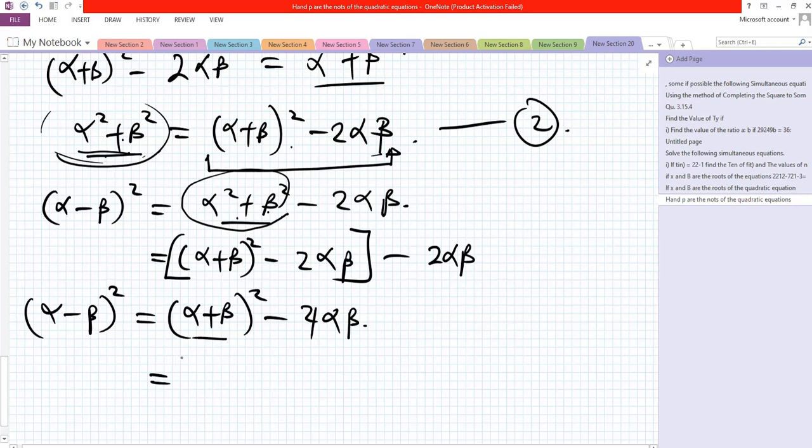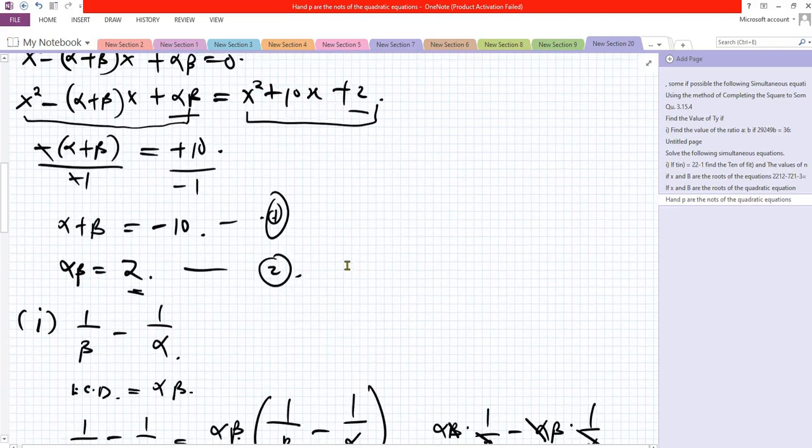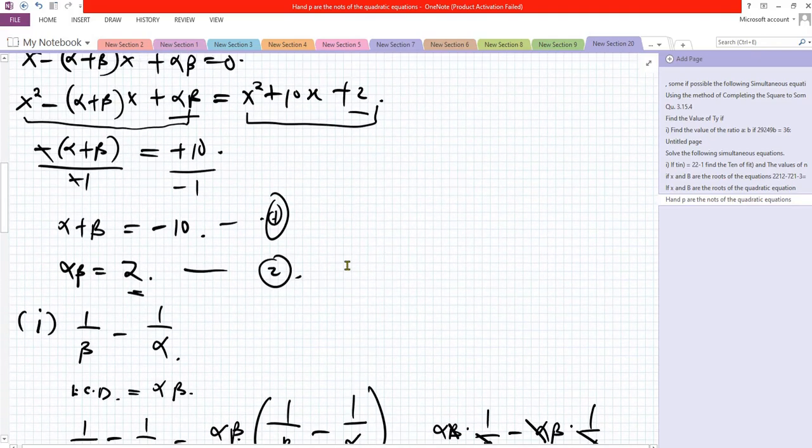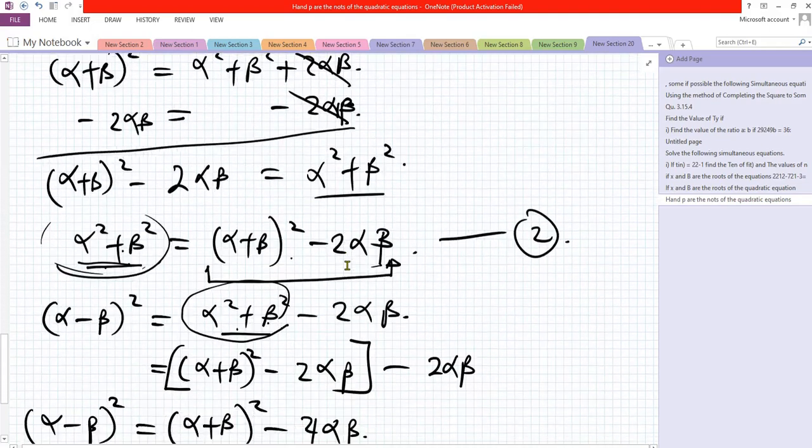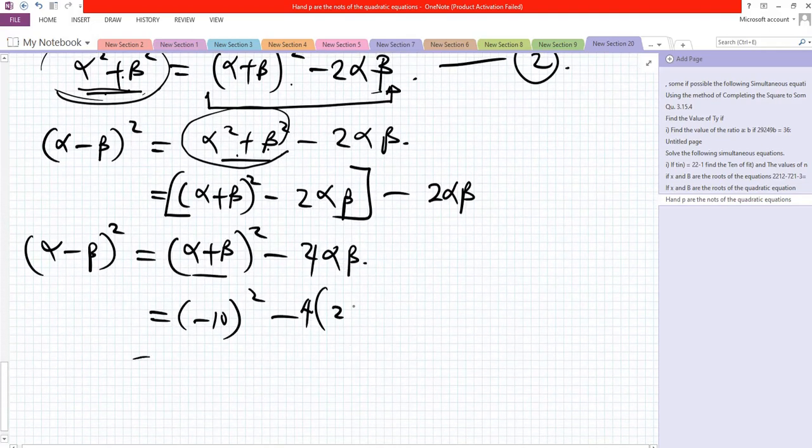Now we have this to be what? Minus 10 squared minus, this is 4 times this other one is what? It's 2. Alpha beta is 2, so say 2. This square is 100. Minus 8. So this will give us 92.